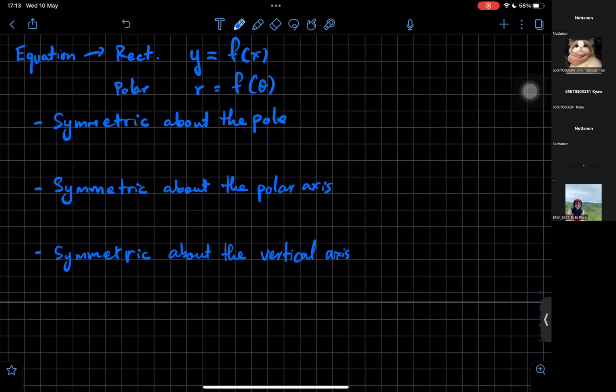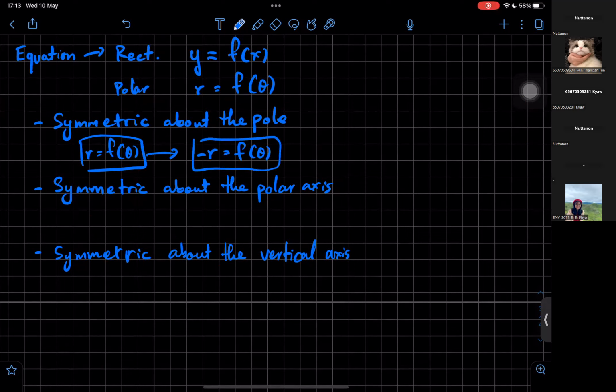If it's about the pole, then r equal to f of theta will be equal to, when we replace r with minus r, minus r equal to f of theta, and also r equal to f of pi plus theta.